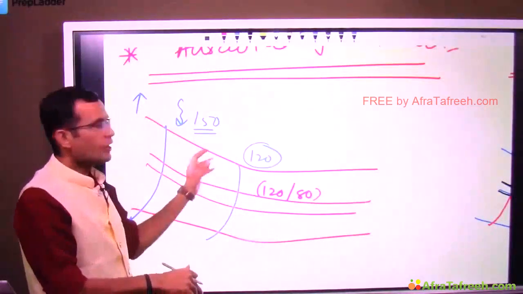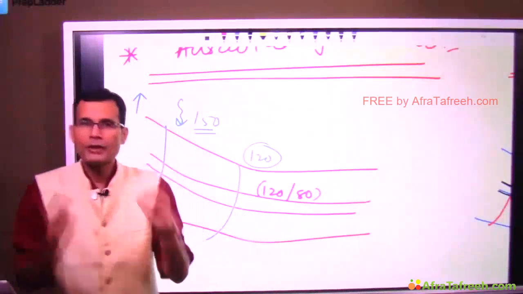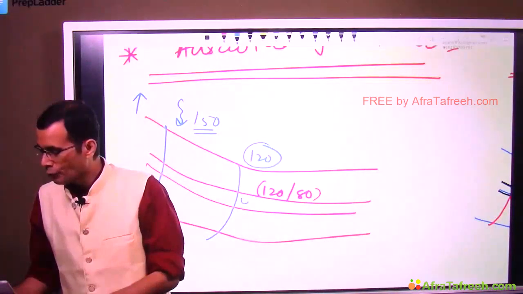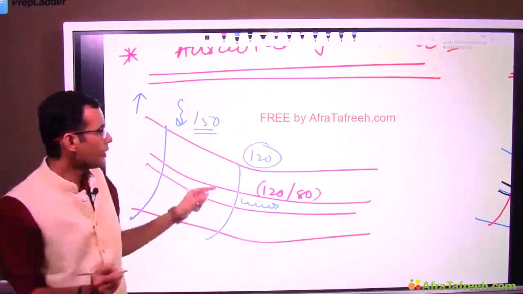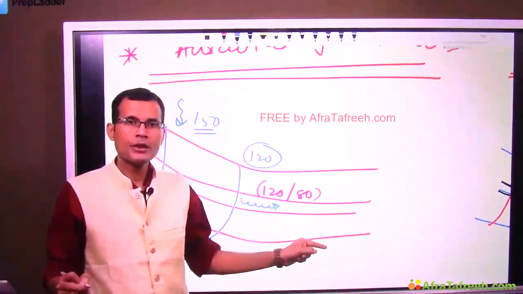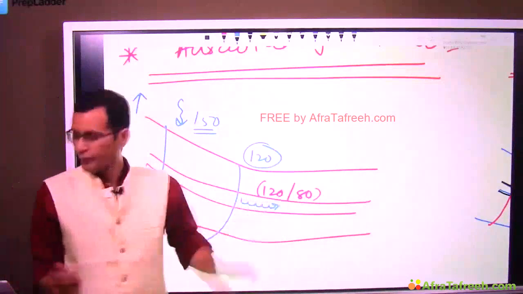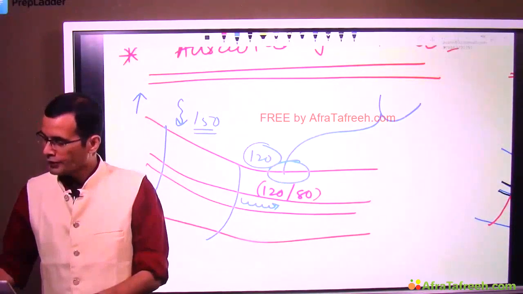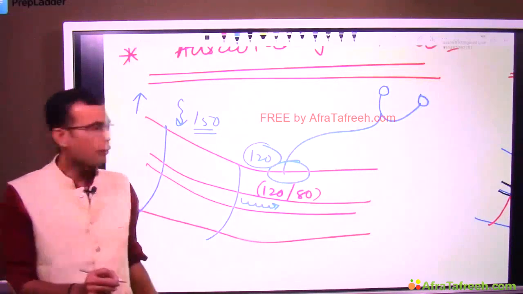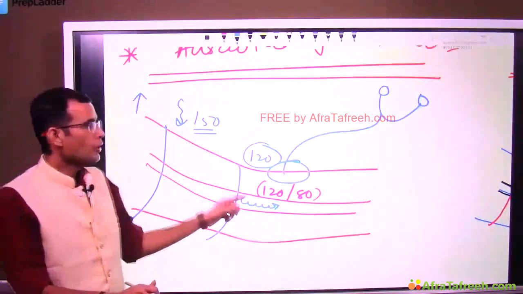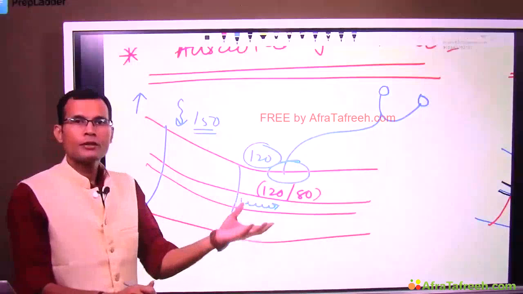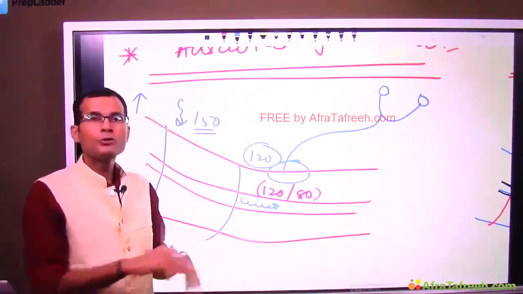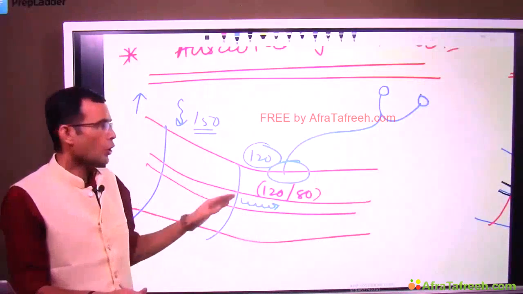The moment cuff pressure reaches 120, the artery will open up, and the blood flow will happen with turbulence to the periphery. We have put the stethoscope over here and we will hear the sound, which is called Korotkov sound. So we will get the sound tuck with systole.